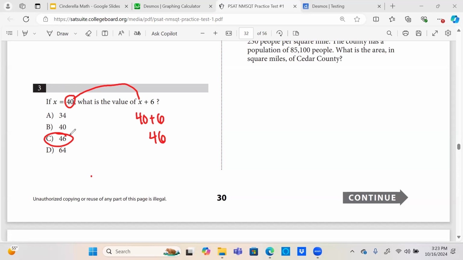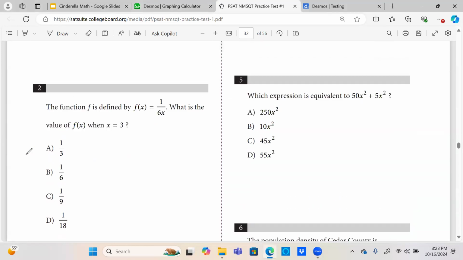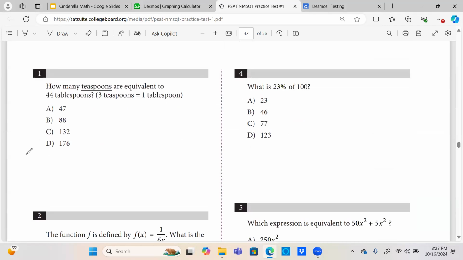Okay. Up to the top of the paper, number 4. What is 23% of 100? So technically the percent formula is you take the whole times your percentage, but we do usually turn that to a decimal, and that equals the part.